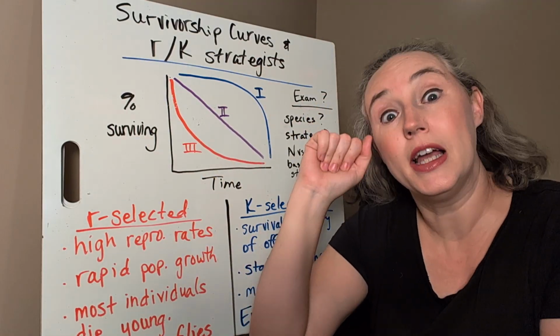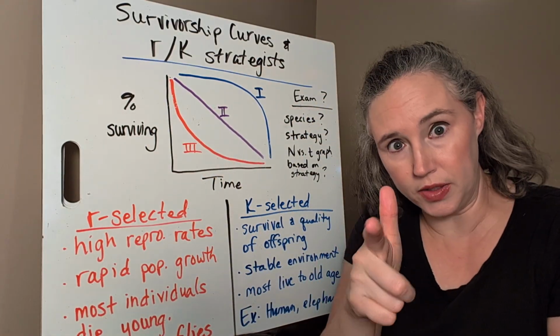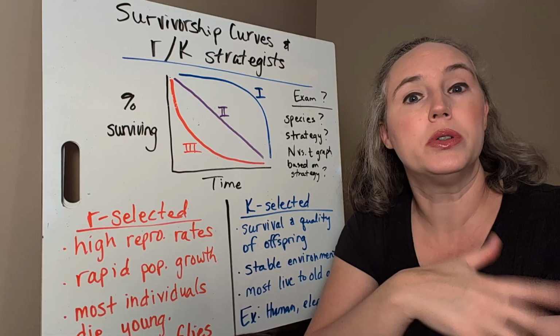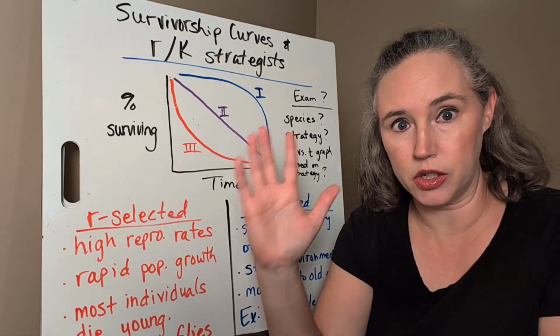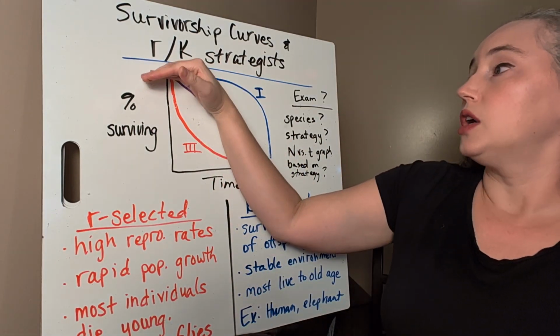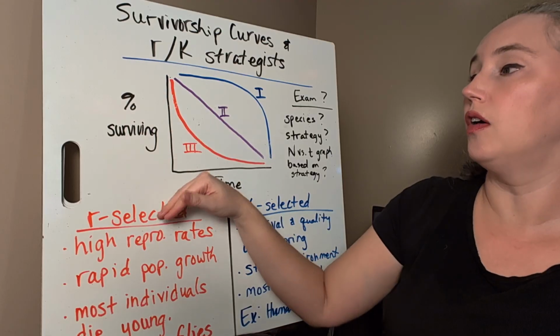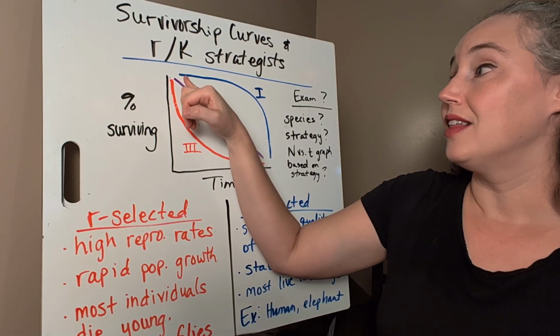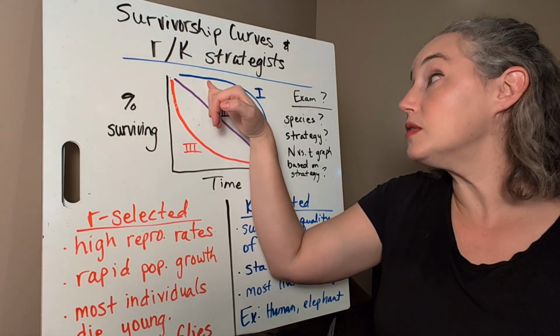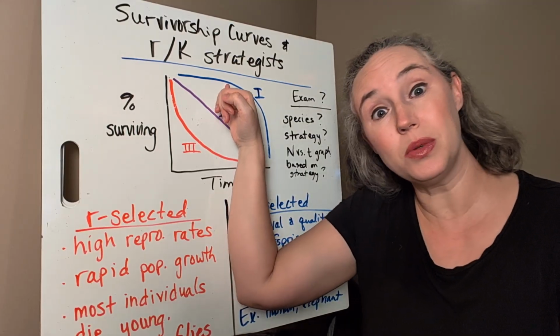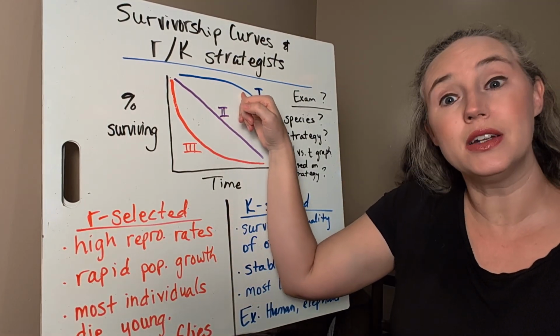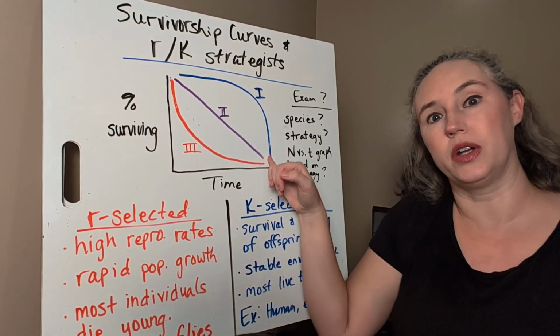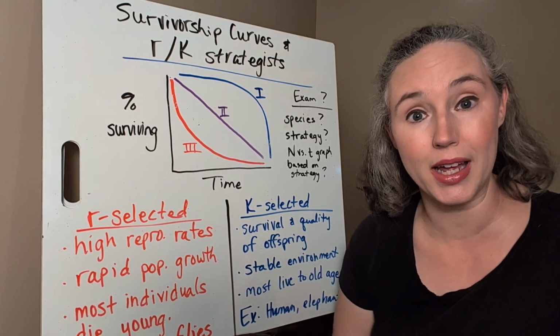So there's going to be humans, elephants, larger mammals that have longer gestation periods. So here you can see of all that are born, most will survive to at least midlife. And then as they get older, it starts to go down. That's your type 1 or K-selected species.